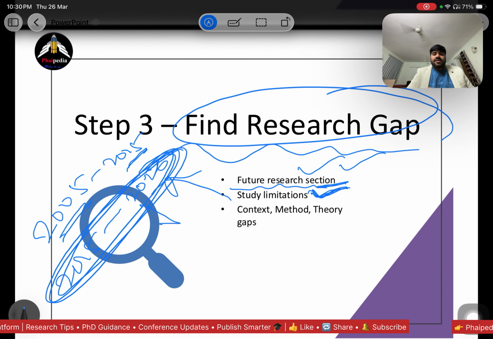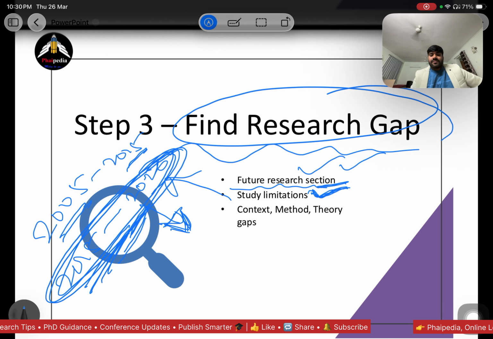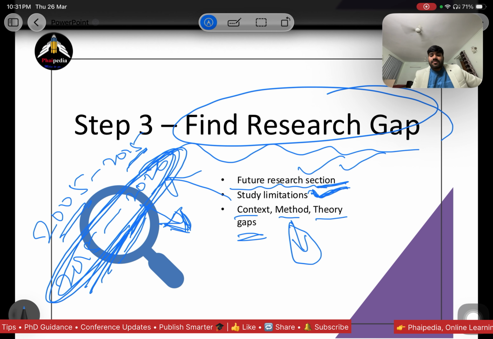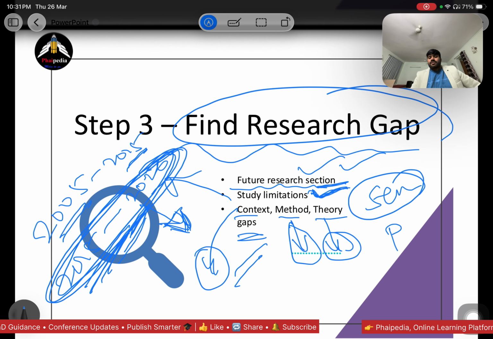Although it is a very basic thing, we should not do only this type of work, but we can explore these also in a different scenario or considering other factors, other variables. Okay, context, methods, theory gaps. You should adopt different methods, different theory in different contexts. Like taking the previous example, service supply chain and product supply chain.